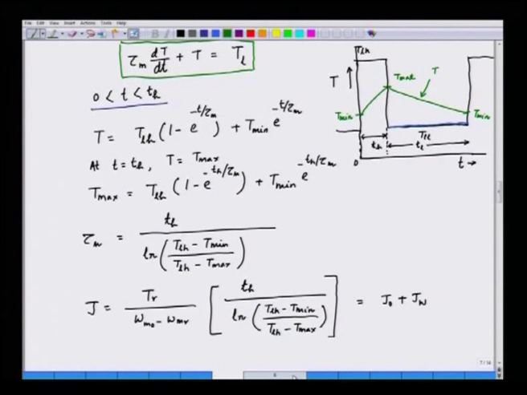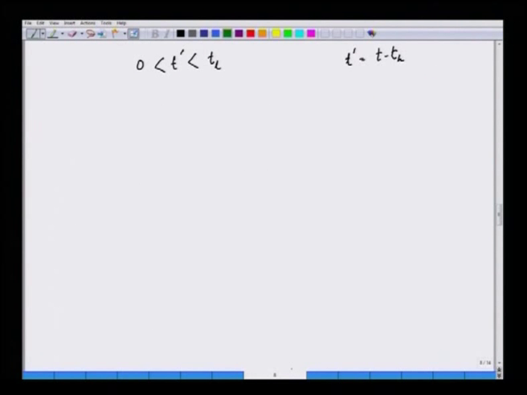So, if we apply our equation here and we find a solution, which is T is equal to TLL into 1 minus exponential minus T prime by tau m plus T maximum into exponential minus T prime by tau m.